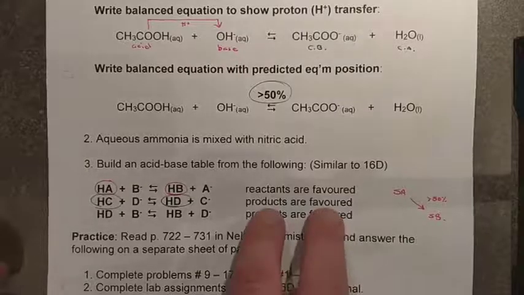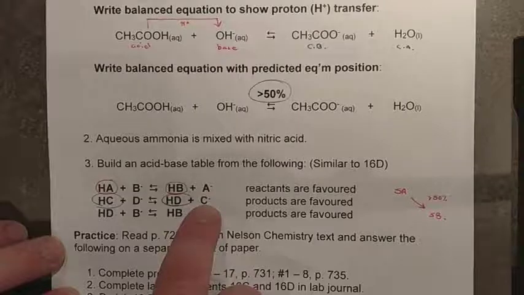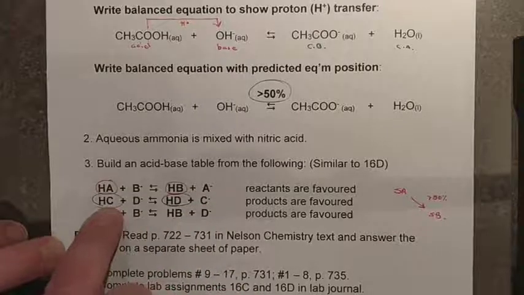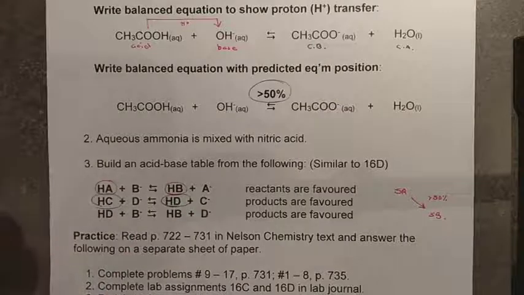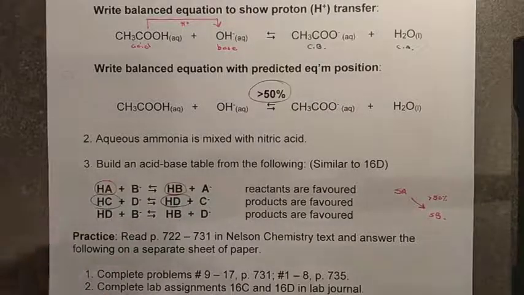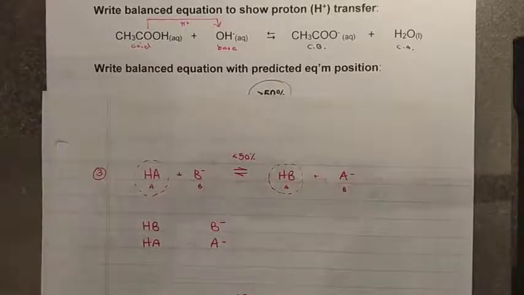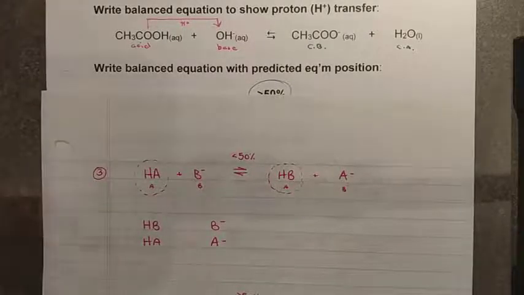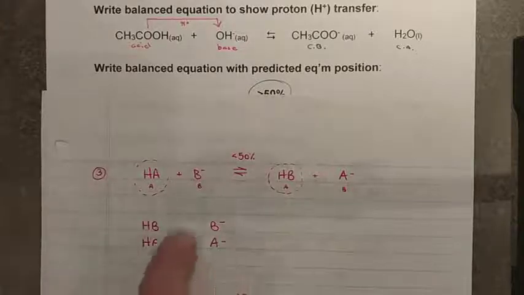This one tells us that the products are favored, so we're getting much more of this hanging out. Great, HC and HD. We can see that HC is the stronger of the two acids. So we go to compare it to our particular table here, and crap, we don't have C or D in this table yet, so I can't figure out where they would be. I may have learned which is stronger between C and D, but I don't know how they compare here.